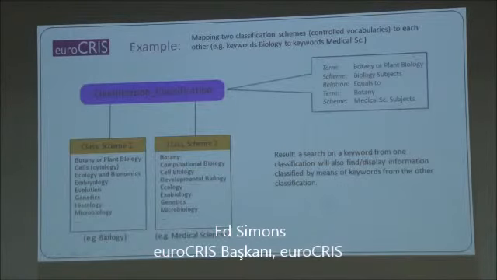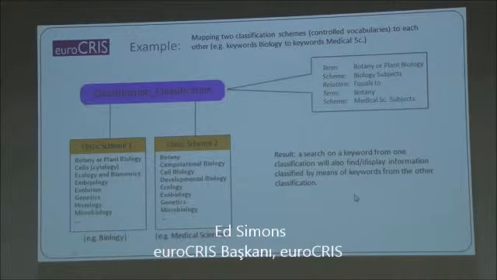If we look at a concrete example and we take these two classifications again, which we had in the previous example, we see that a record here in this linking table holds the ID of the term in one classification, in this case botany or plant biology, from the scheme biology subject, equals to, that's the meaning of the relation, the term botany of the medical sciences subject.